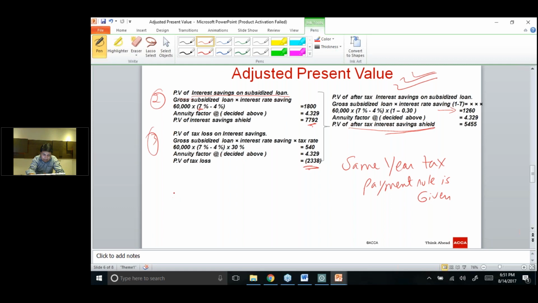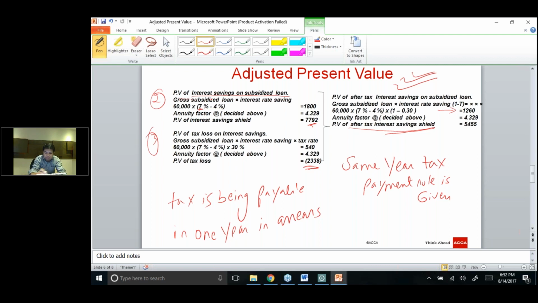And if tax is being payable in 1 year in arrears, in that case, you are going to solve the present value of interest savings separately and the present value of tax loss separately, because you are going to save interest of year 1 in year 1, interest of year 2 in year 2.